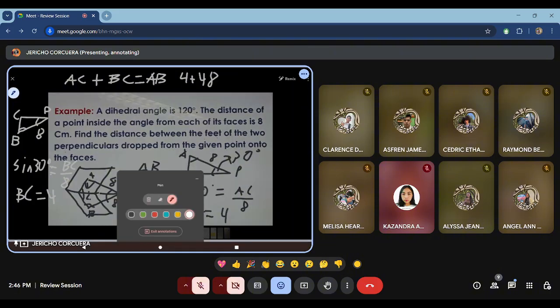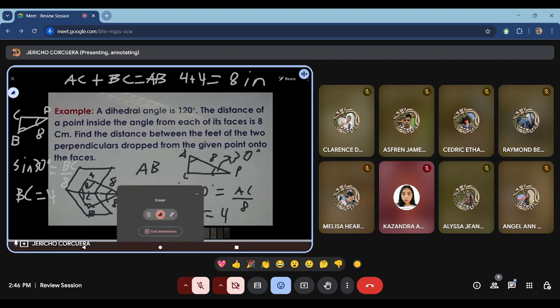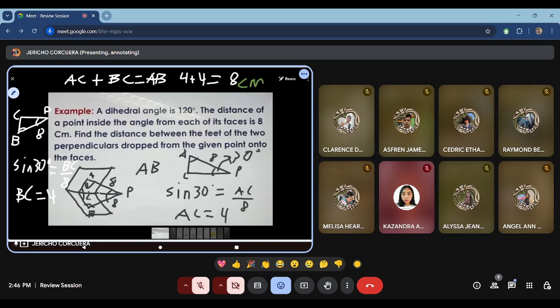Oh no. 4 plus 4 is equal to 8 centimeters, not inches. Since AC is 4 and BC is 4, the distance between the feet of the two perpendiculars dropped from the given point is actually 8 centimeters. We're not looking for the distance of the edges. We're looking for the distance between the feet of the two perpendiculars. So the answer is 8.